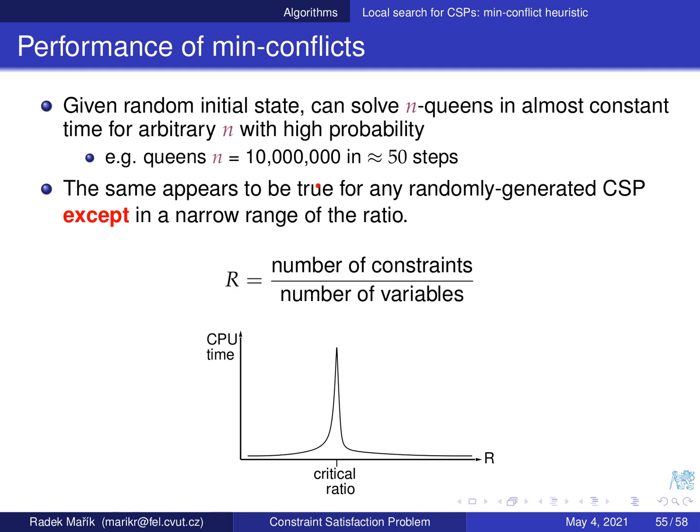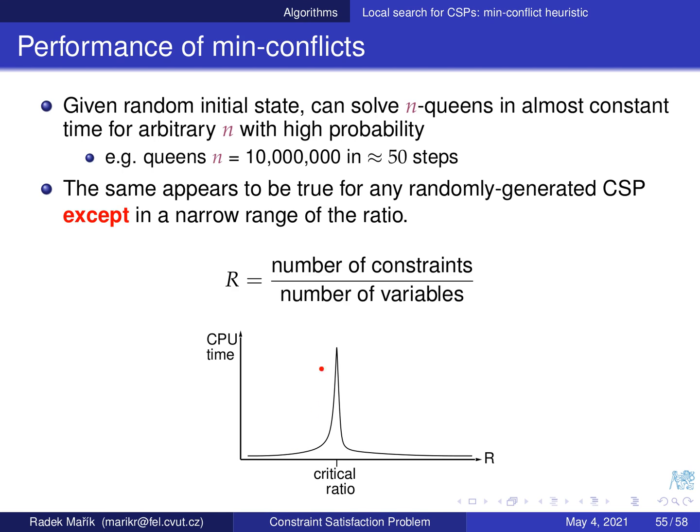It looks like this approach is able to tackle any randomly generated CSP except in some range, where the number of constraints creates a specific ratio to the number of variables.